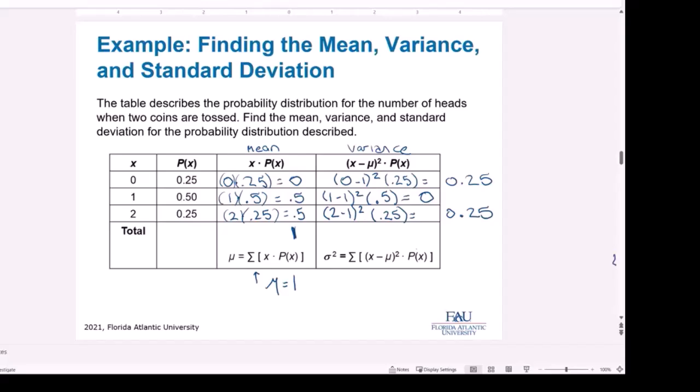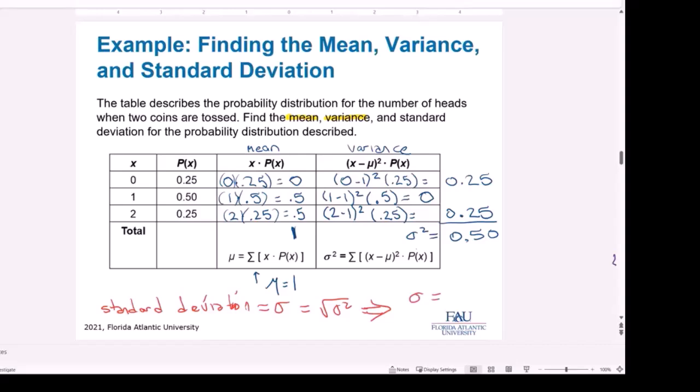The variance is the sum of all these numbers. If I add these up, I get 0.50. That's my variance, sigma squared. And our standard deviation, which is equal to sigma, is equal to the square root of sigma squared, which is the variance.